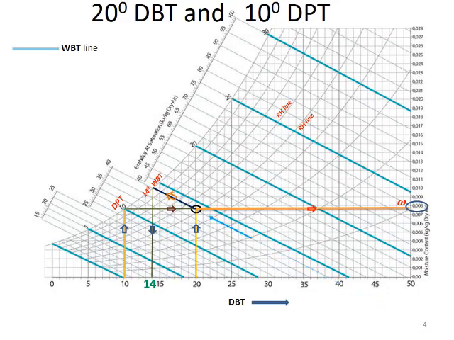Further, if you want enthalpy, extend it further, so it intersects the enthalpy graduation at 40, so its value is 40 kilojoules per kg, right?